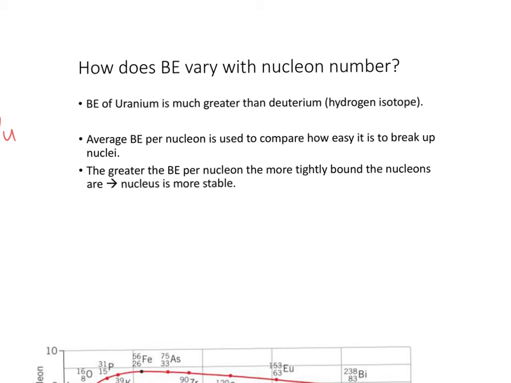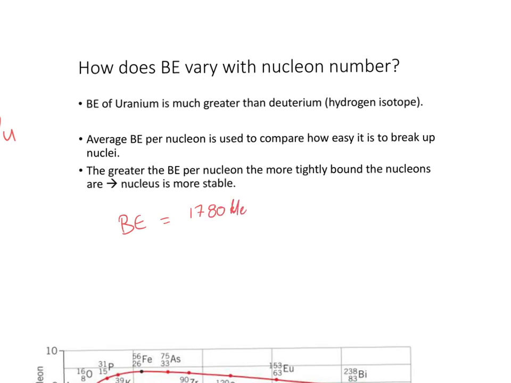So I will show you. For example, let me just pick uranium. If I pick uranium-235, its binding energy alone is about 1000 mega electron volts, we just calculated it.